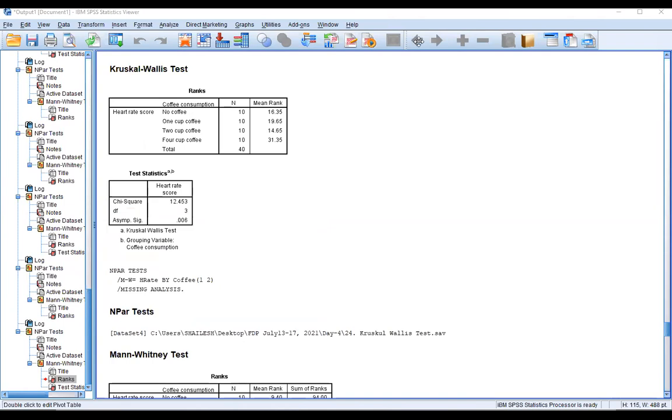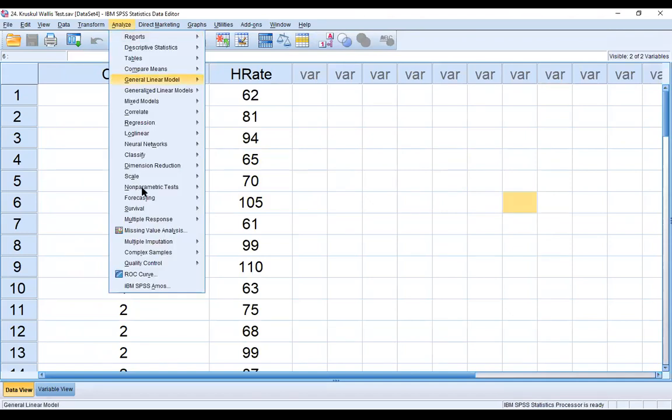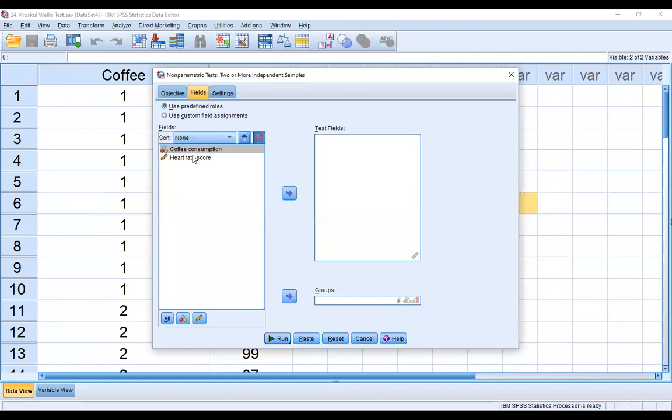In this method we cannot do the post hoc analysis, but with another method we can use the post hoc analysis test also. Analyze, non-parametric test and independent samples. From this way we can find it. Okay, and then compare medians across groups, then fields, heart rate score.